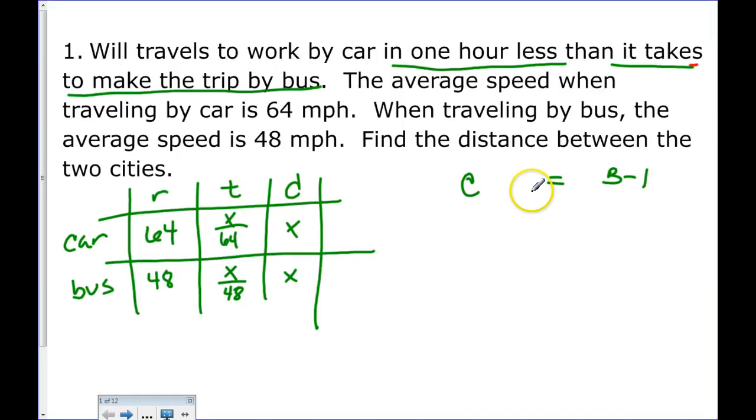So here I have my general equation. Now I'm going to replace it with my t's from my table. Yep, x over 64 equals x over 48 minus 1.